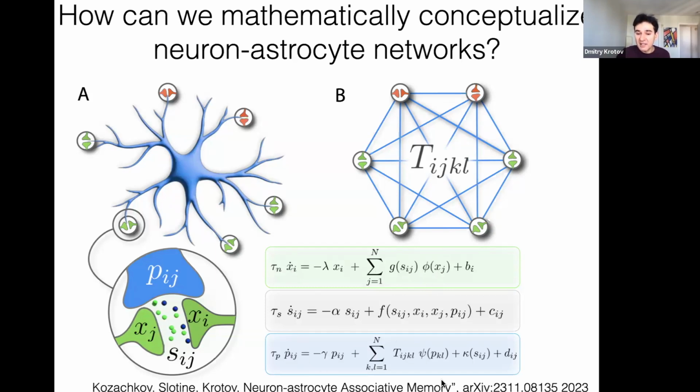There are also some nonlinear functions that appear in the second and third equations. We spent a substantial amount of time talking to real astrobiologists, glia biologists who work with these cells, and we try to design these functions in a way that they make a certain degree of biological sense.